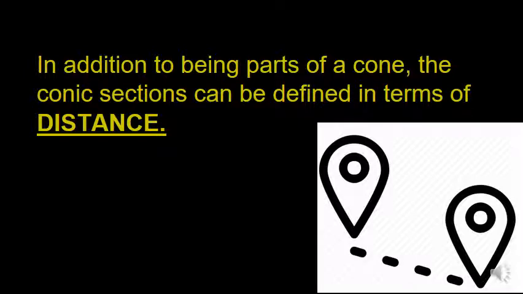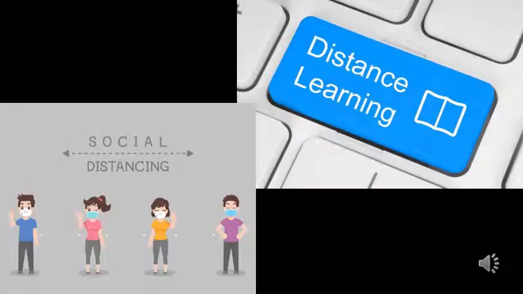So the conic sections are literally parts of a cone, but they can also be defined another way, and that's using the idea of distance. This spring, of course, we've heard lots of stuff about distance. You talk about social distancing and not spreading the disease, and the reason that we haven't been able to be at school is that we're supposed to be doing distance learning.